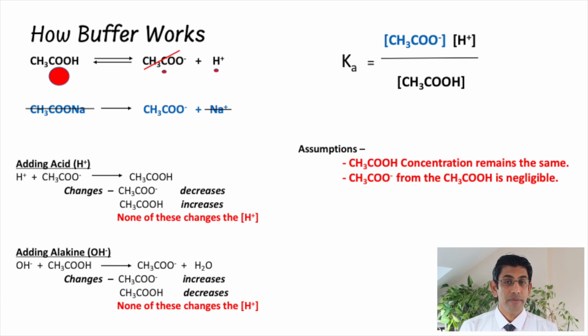The second assumption: because only a small amount of the weak acid, CH3COOH, ethanoic acid, dissociates during the process, we maintain the concentration of CH3COOH the same throughout. So that's the second assumption. The concentration of ethanoic acid remains the same.